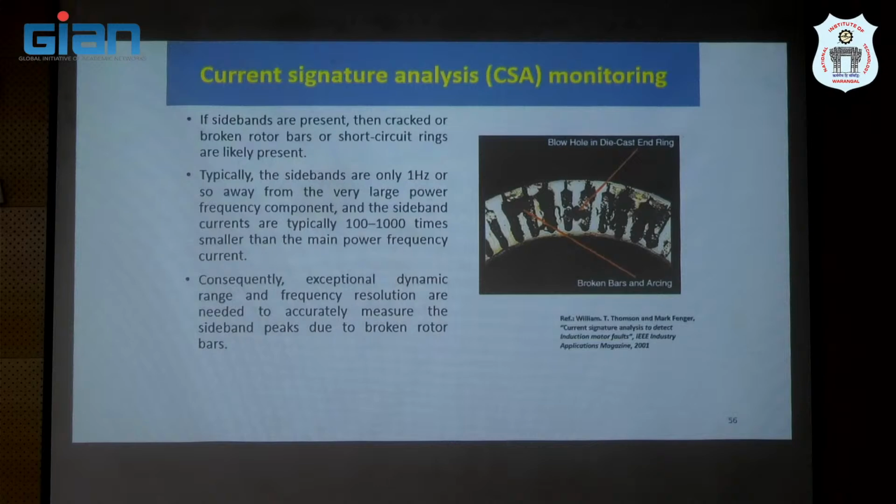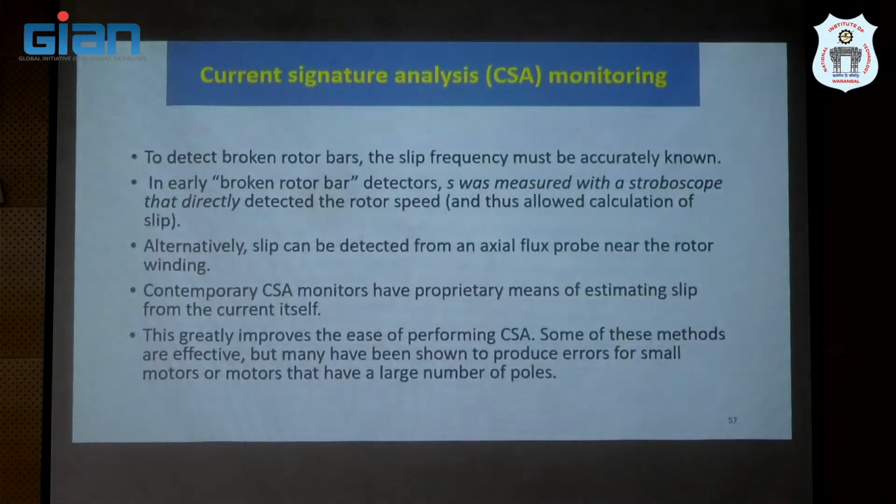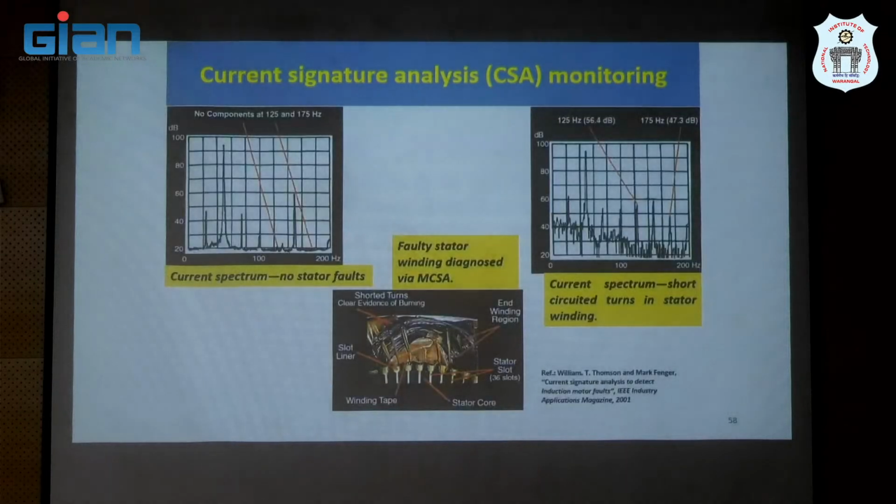These side bands are typically 100 to 1000 times smaller than the main power frequency current. Sir has also shown that. This typical spectrum is referred from William T. Thompson, and I have taken these references.